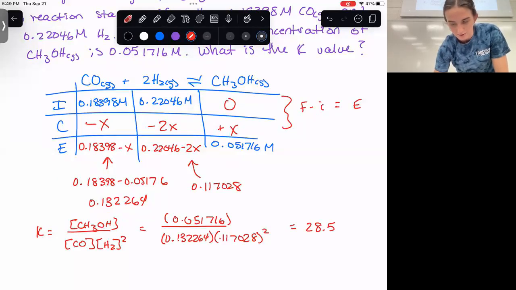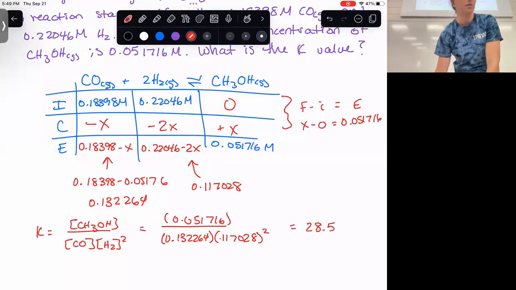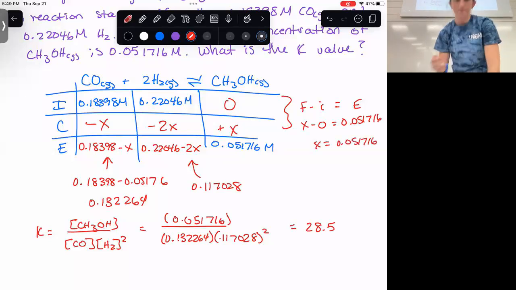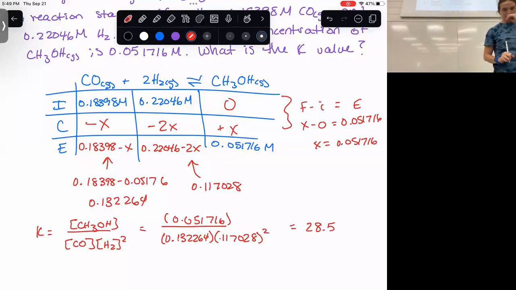So our final is X minus 0 is equal to this, and so X is equal. If that was changing by plus 2x, then it would be 2 divided by the equilibrium concentration.